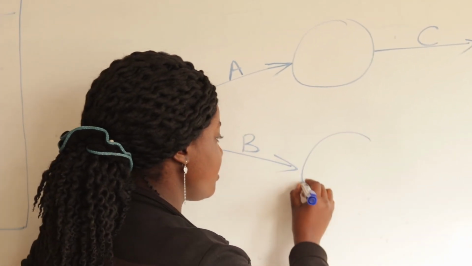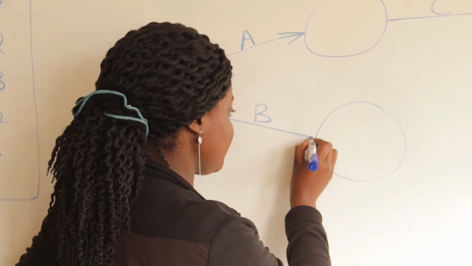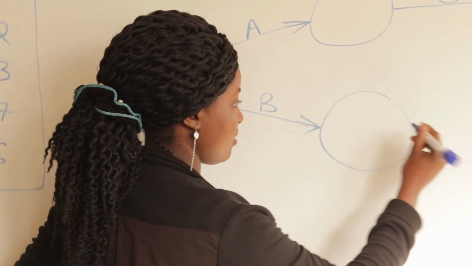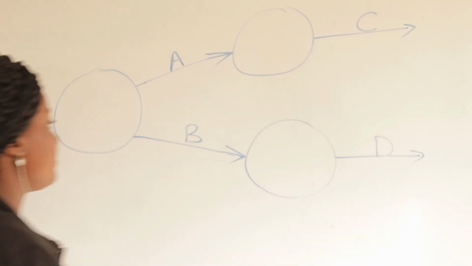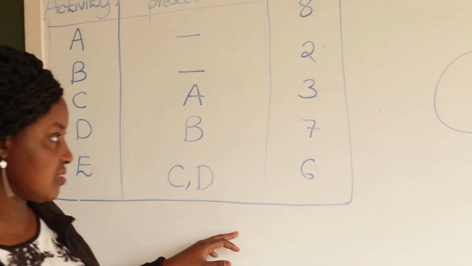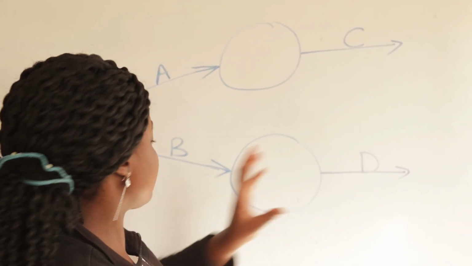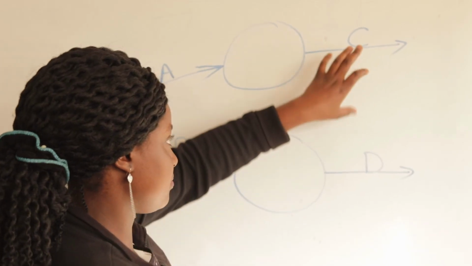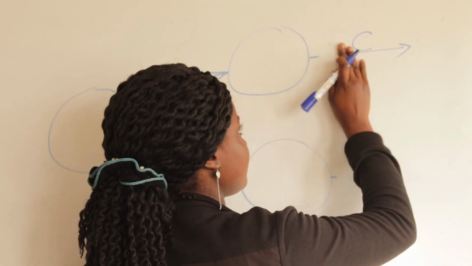So we'll draw a node and ensure that this activity line touches the node. So activity D will come from B. Then the last one, activity E, comes from activities C and D. As you can see, this is our C and this is our D, so activity E comes from both C and D. I'll redraw these lines.